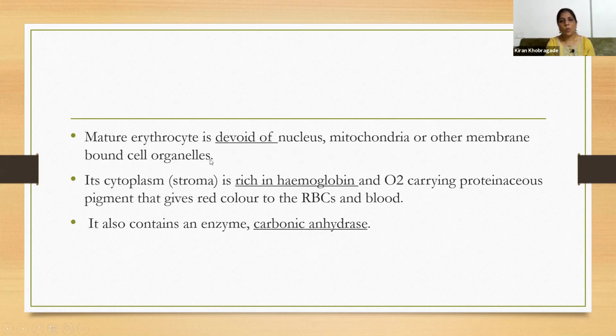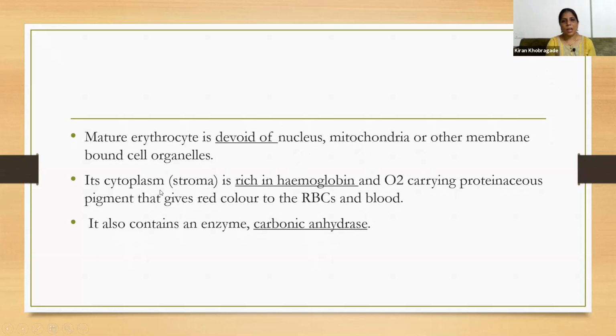Now, why is it so? So that more oxygen can be retained in the RBC cells, so that oxygen will not be spent. Expenditure of oxygen will be less. So more and more oxygen can be gained in the RBC cells. That is why mature erythrocyte does not contain a nucleus, mitochondria, and other membrane bound organelles.